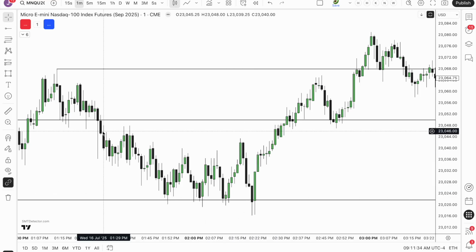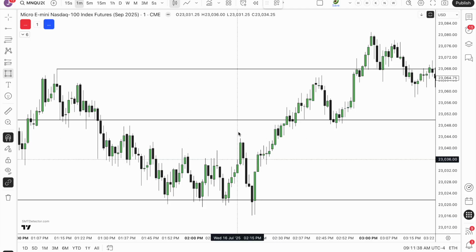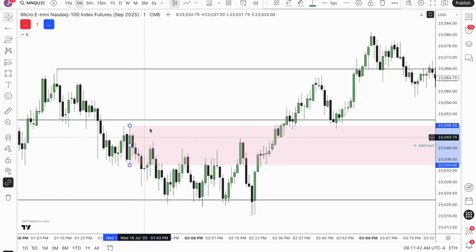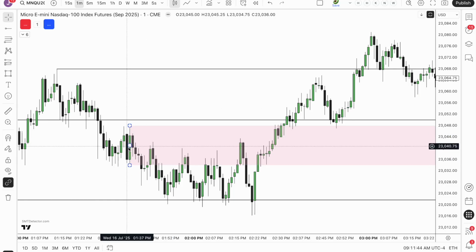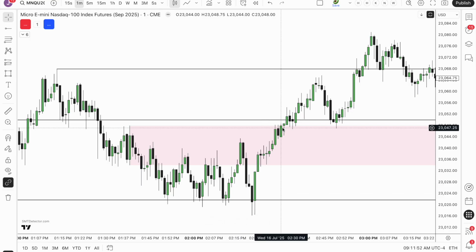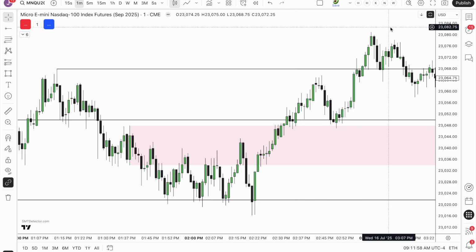So in this scenario, we could use something like this. So you have that order block, bearish order block gets tested, traded through here. Once we close above, comes back down, tests it as support, and runs higher.